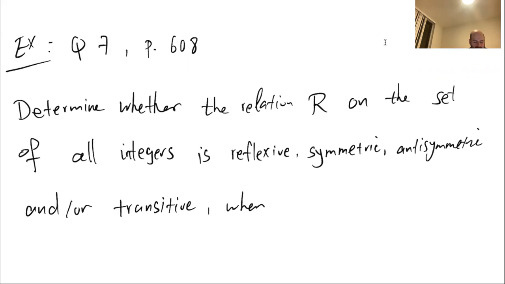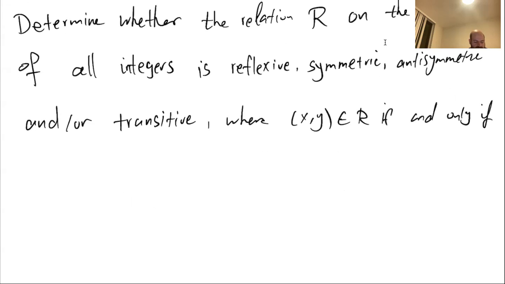Where the pair x and y belongs to the relation R if and only if, part A says, x is not equal to y. Okay, so we are defining a relation.